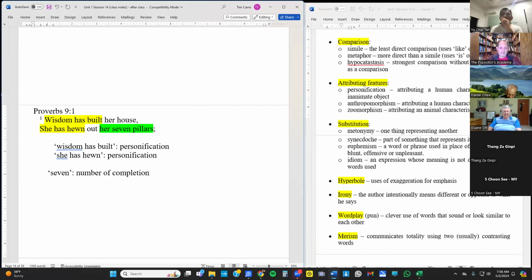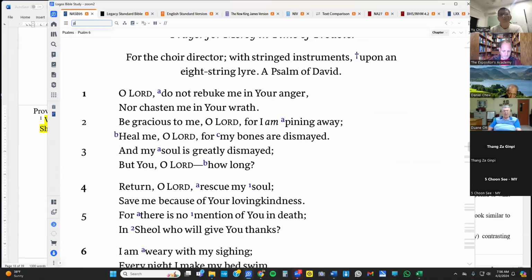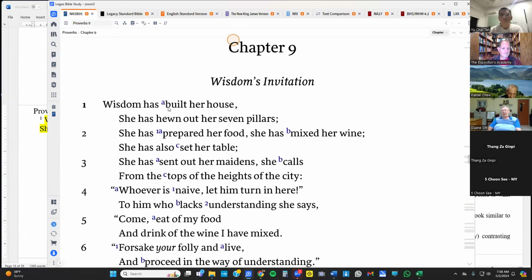Well, I think it's an idea. The whole thing is an idea of building some kind of structure, or idea, or principle, or entity. The house can be translated a number of ways, depending on the context, I suppose.